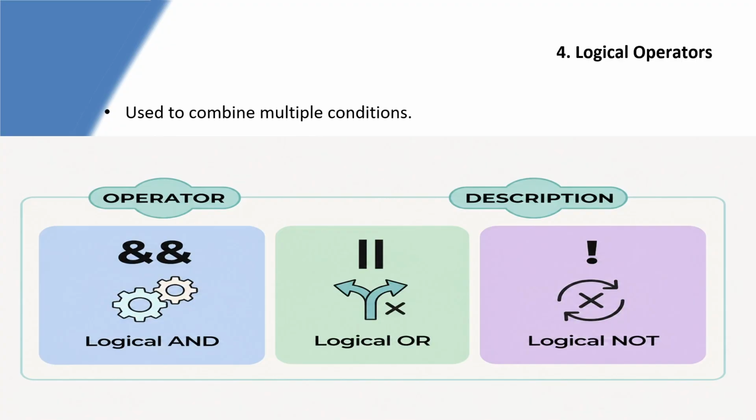The OR operator, here we can see the OR operator, two pipe symbols in the center, requires at least one condition to be true. And the last, the NOT operator, reverses the result. How will it reverse? If it is true, it will make it false, and vice versa.